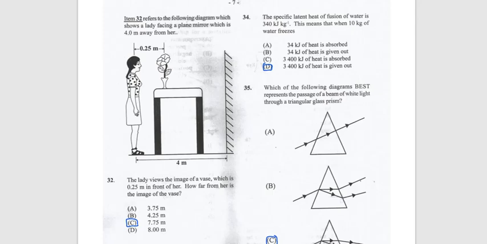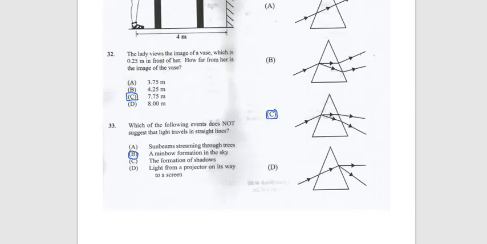So first we need to calculate the lady's distance from the mirror, which is already given, so it is 4 meters. Now the image, the object that we're focusing on is a vase, and that will be reflected with depth. But how far is a vase from the mirror? It is 3.75 meters. So you have to add that 3.75 to the 4 meters to get 7.75 meters.